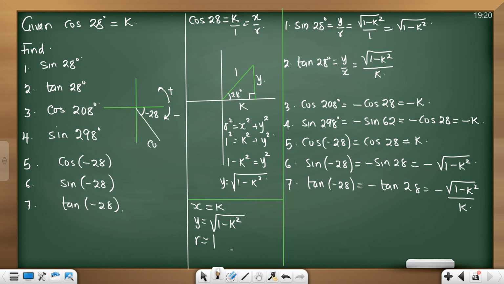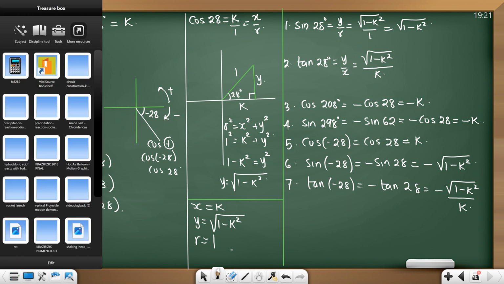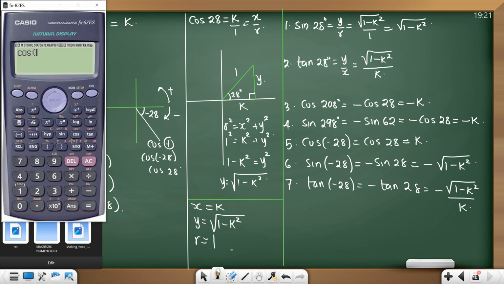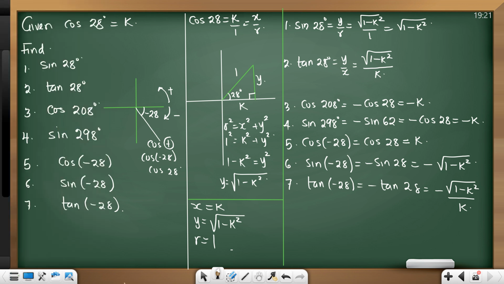And in this quadrant, cos is positive, remember? So if I have cos negative 28, it must be positive. In fact, if you use your calculator, cos negative 28, look at your answer. It's a positive answer. But if you check sine negative, it will give you a negative answer.